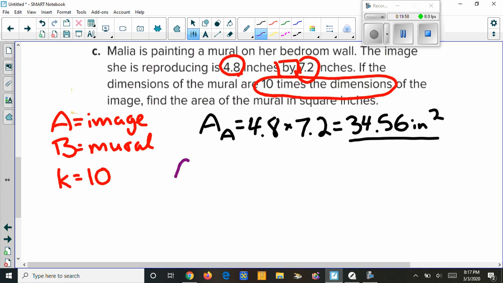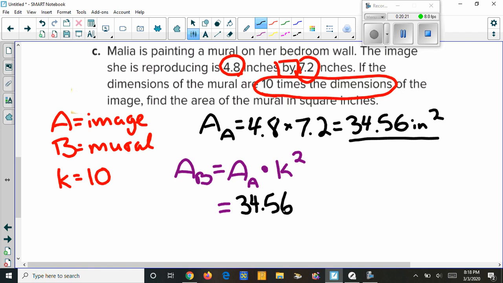The area of the mural is equal to the area of the image times the scale factor squared. I can fill in my pieces. The area of the image is 34.56 times k squared is 10 squared.